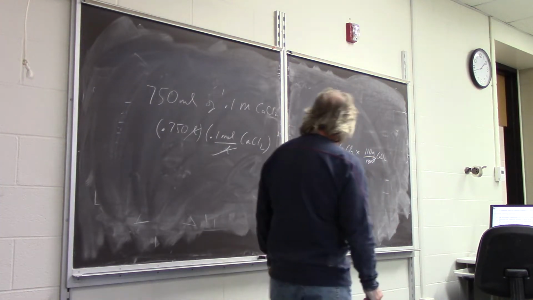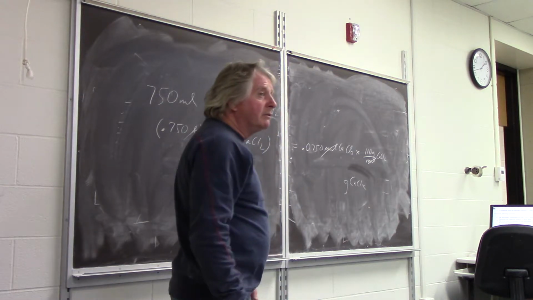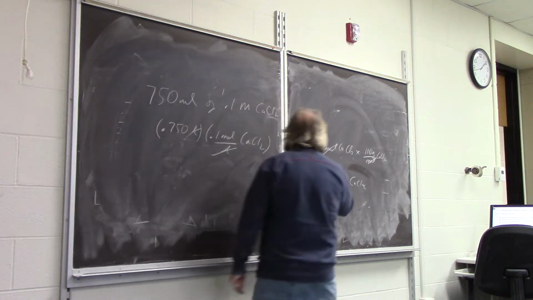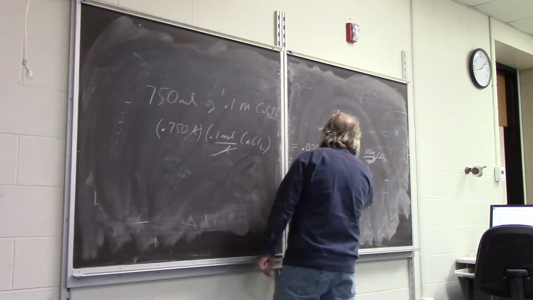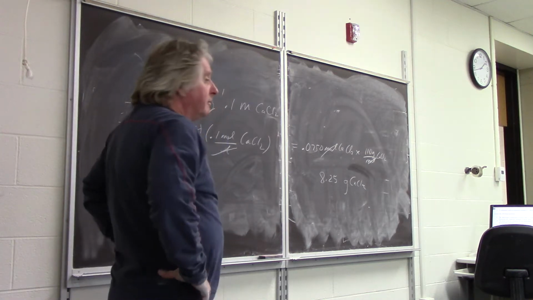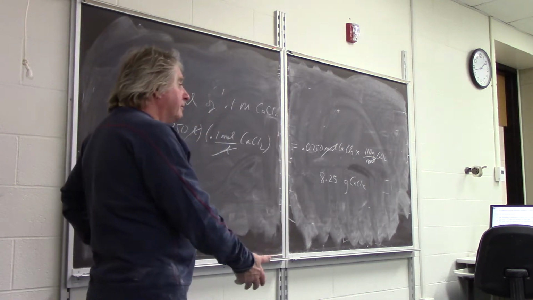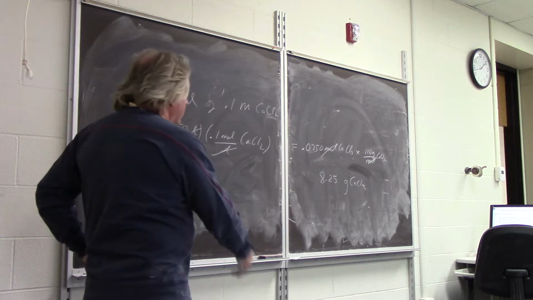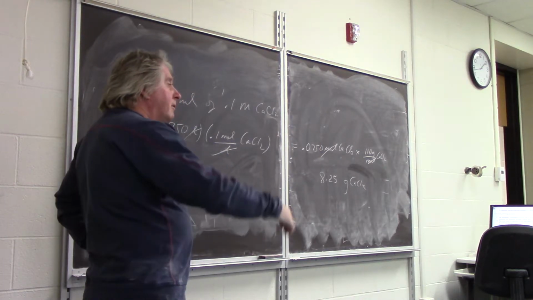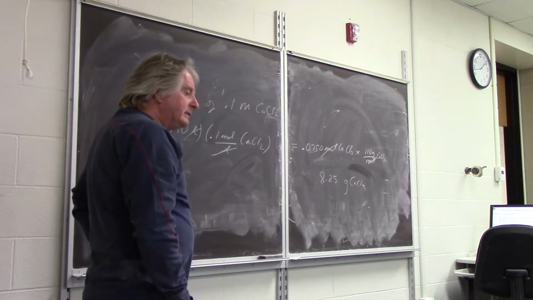So 110 times 0.075 is like 8 1/4. Okay, so same thing. What you do is take 8.25 grams of calcium chloride, put it in about 500 mils, stir it all up, add enough water to get it up to 750.